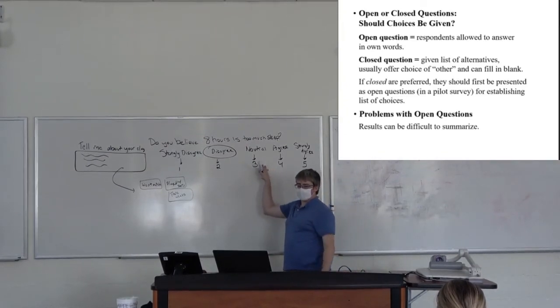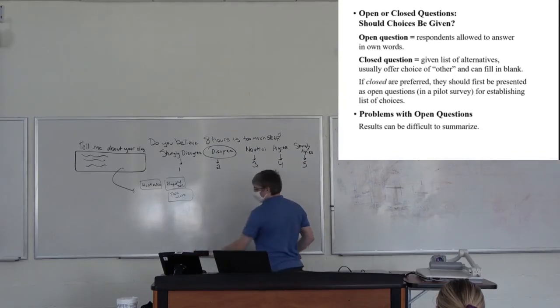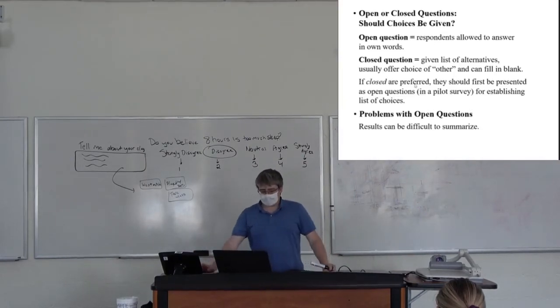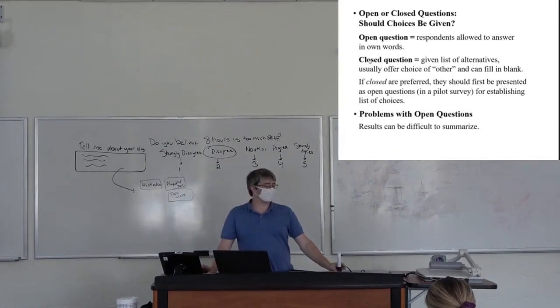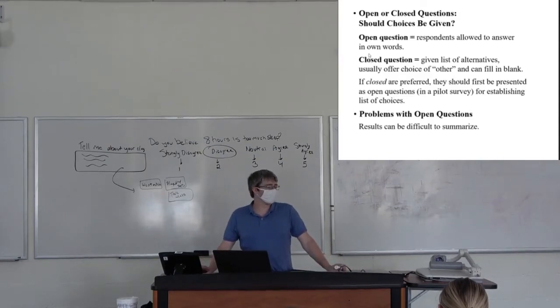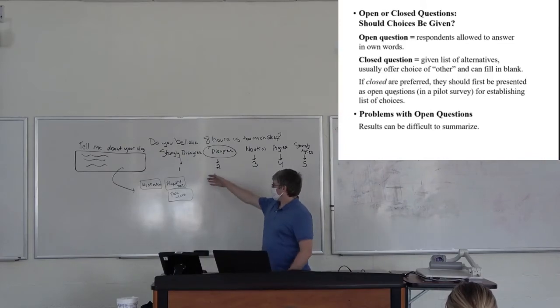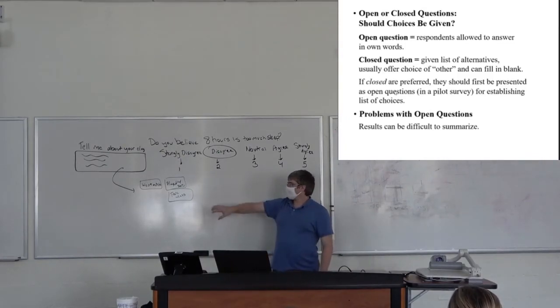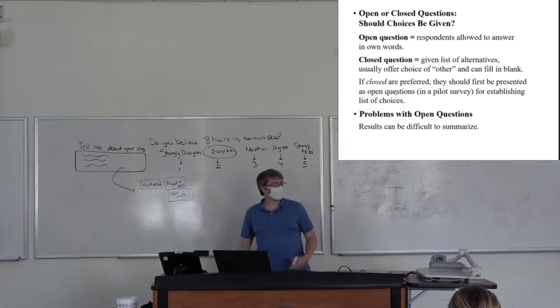They can't type in whatever they want. If you prefer closed questions, you usually first have a pilot survey, which means giving it out to people first. Then, based on the categories you create from the pilot survey, you can make a closed version of the question.